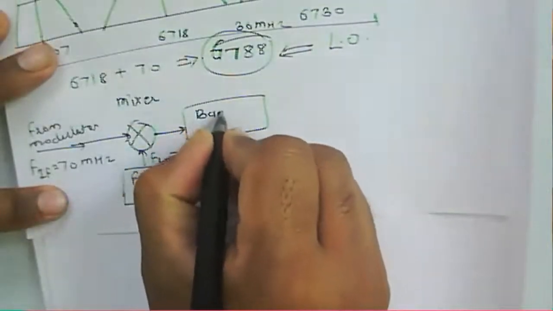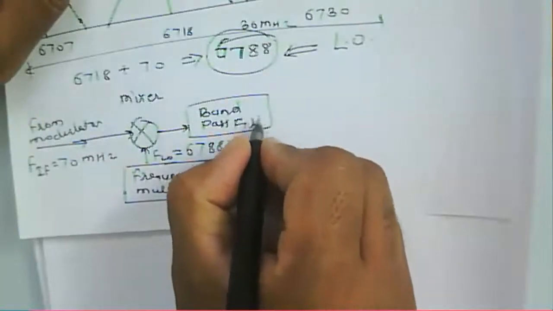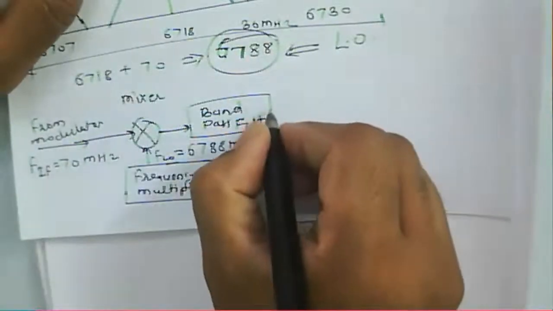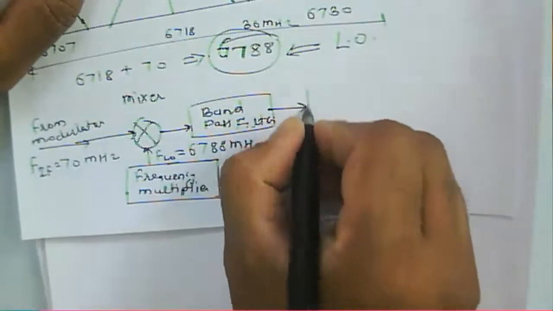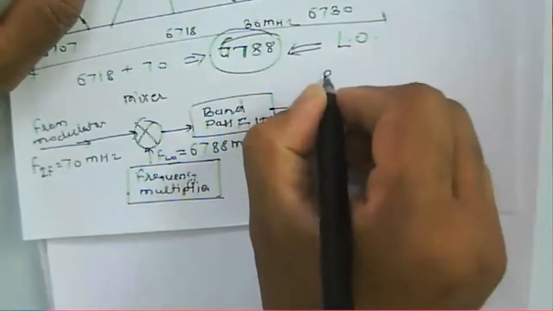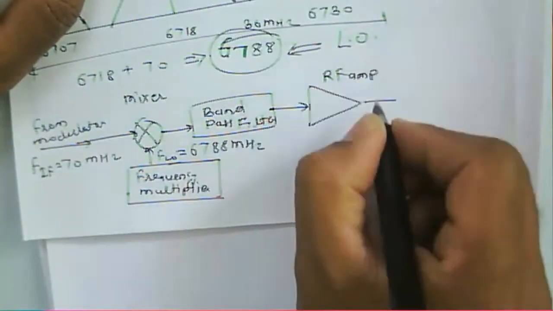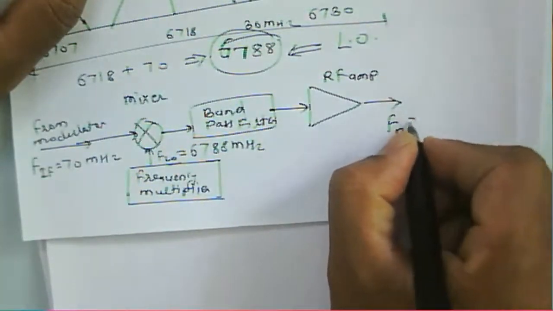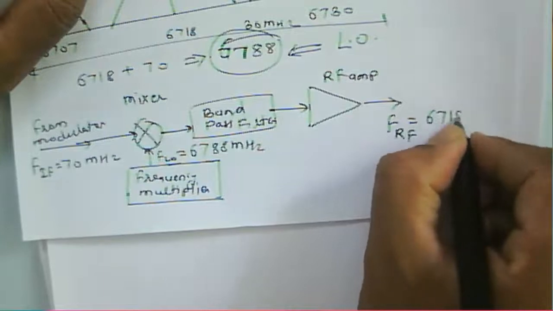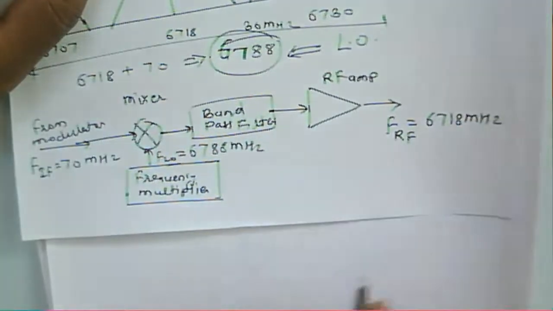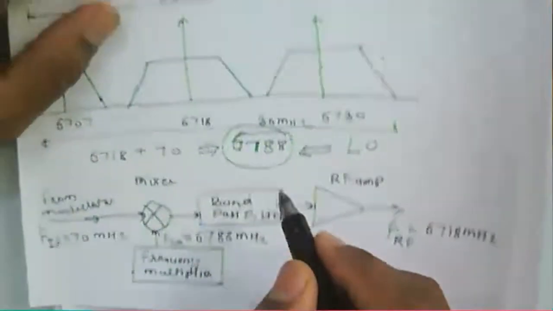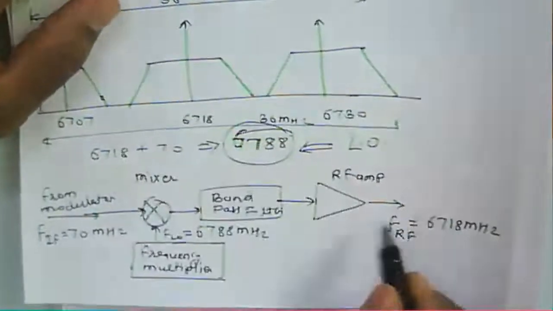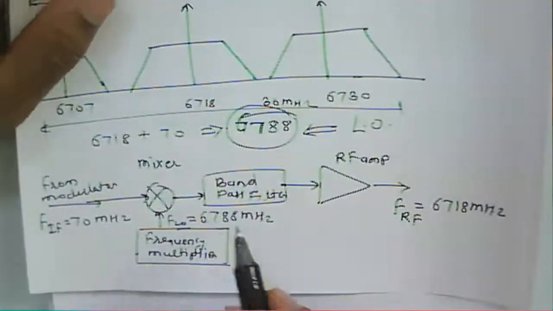Then we will use a band pass filter, and then output of this is given to the RF amplifier, and we'll get that RF, that will be of 6718 megahertz. This one is about 6718 megahertz for the given particular signal.